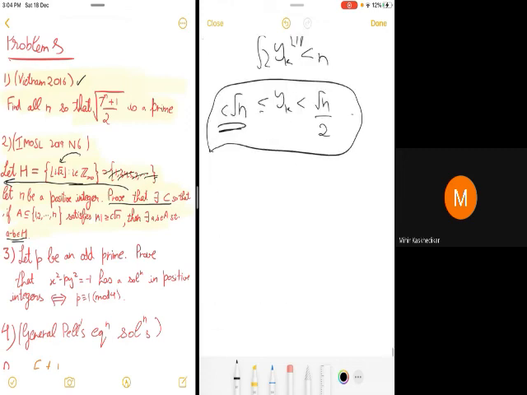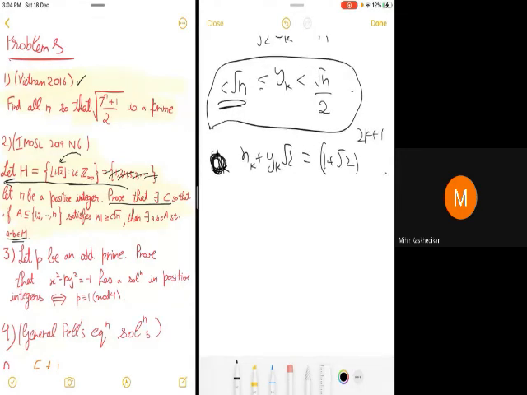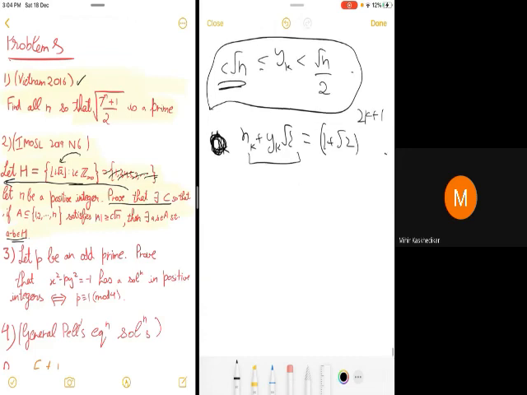To construct such a yk, we just use the formula xk plus yk root 2 is (1 plus root 2) power 2k plus 1, and we want this to be less than root n over 2. If we make that, then this would automatically be implied.